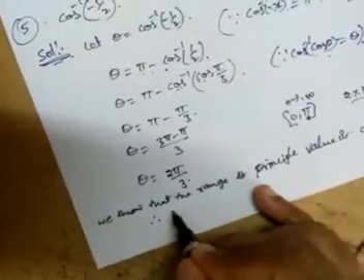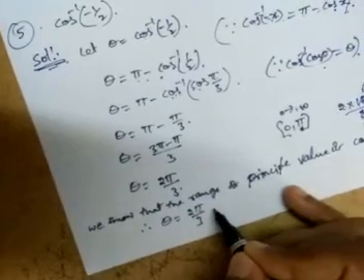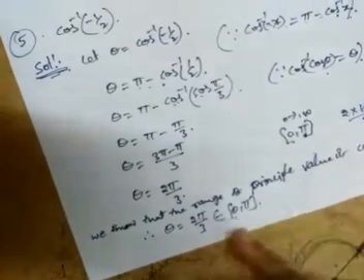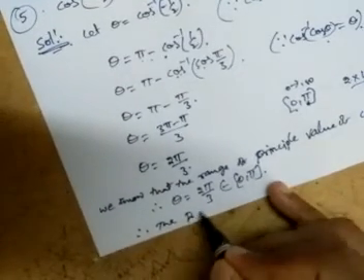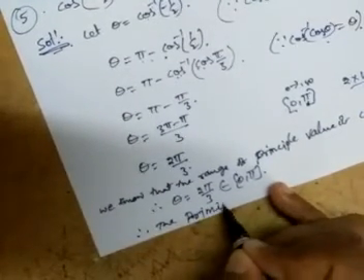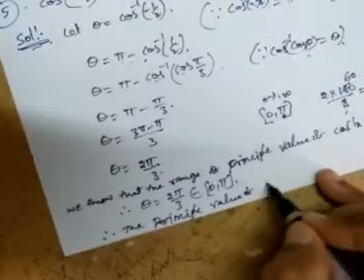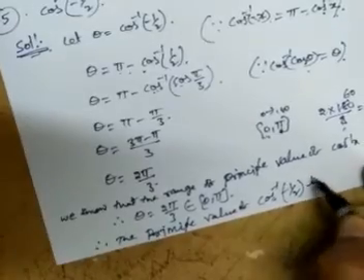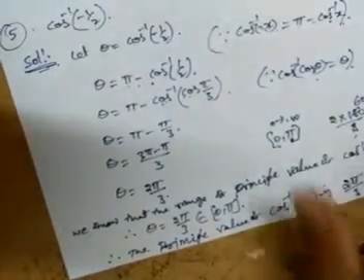Therefore theta equals 2 pi by 3 belongs to 0 to pi. Therefore the principal value of cos inverse of minus 1 by 2 is 2 pi by 3. Okay.